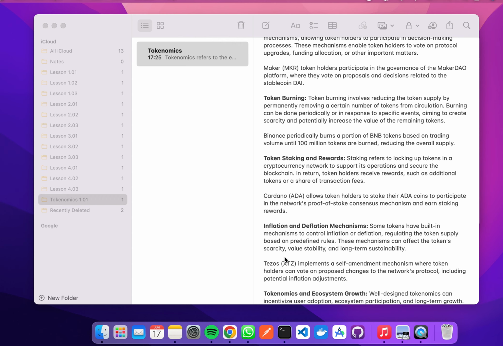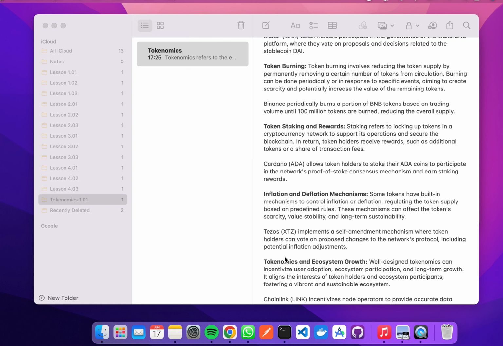So, for example, like Binance, maybe Binance BNB has an oversupply, so they intend to be periodically burning BNB tokens based on maybe trading volumes until 100 million tokens are burned, reducing the overall supply. If you've done some business, factors that affect or contribute to the price is the demand and supply. If the supply is low and there is high demand, this creates scarcity, driving the value of a particular coin upwards.